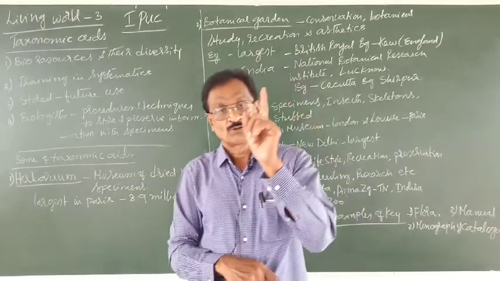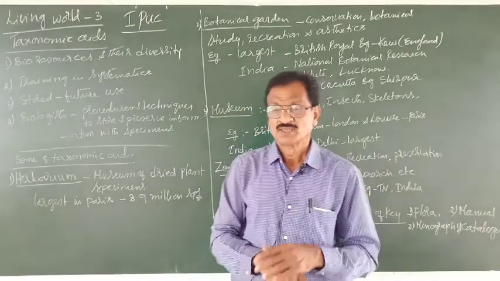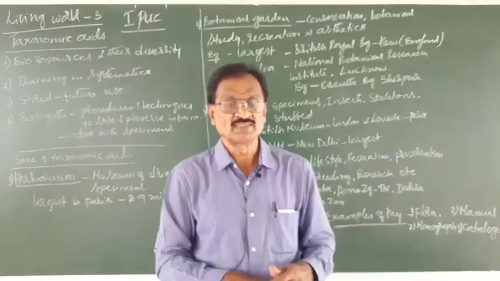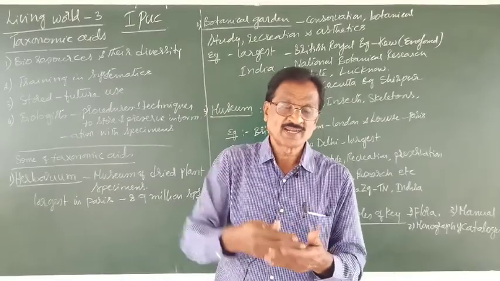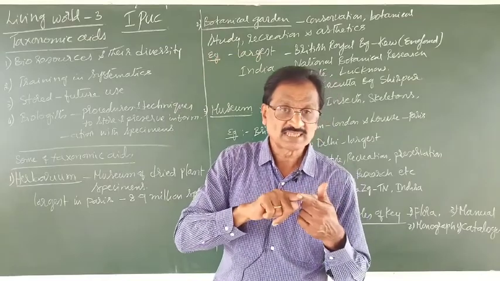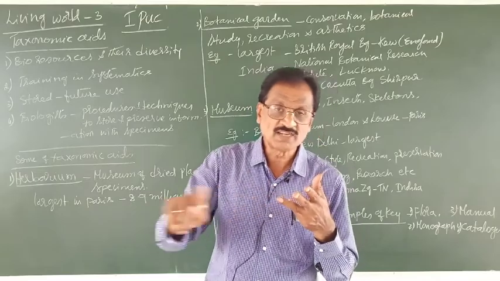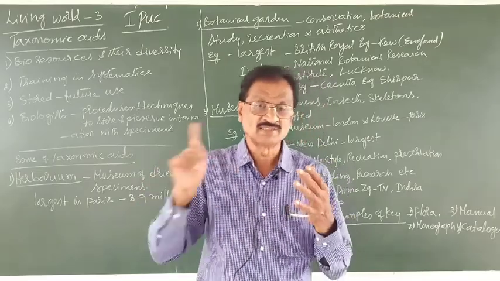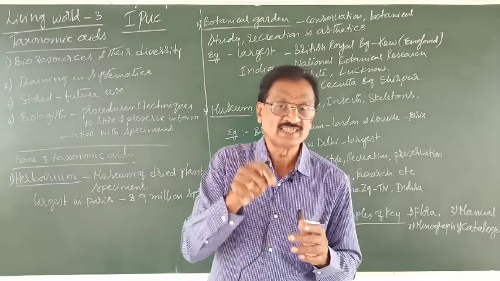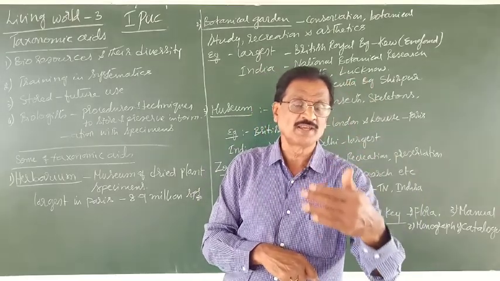Then to what family it belongs should be mentioned. Name of the collector and date of collection are all to be recorded on the sheet. So that means the plant's scientific name, local name, the family it belongs to, who collected it, on what date, and where it was collected. All this information should be on the herbarium sheet.